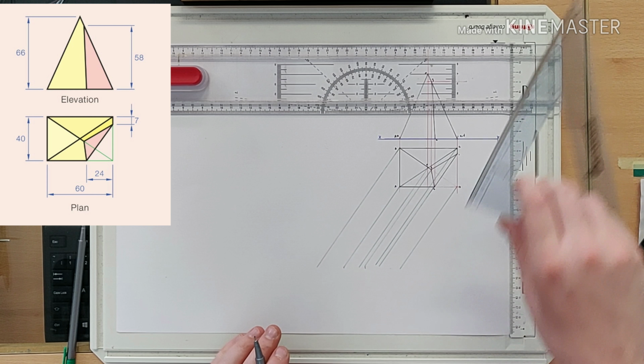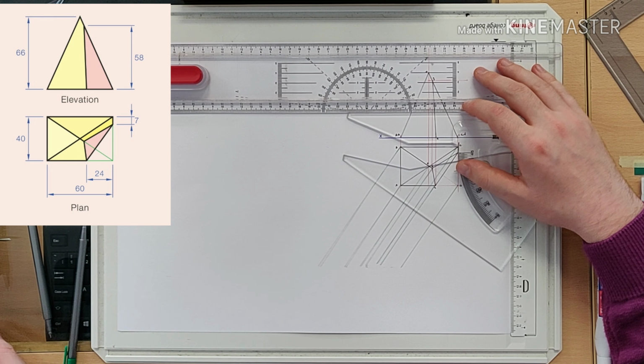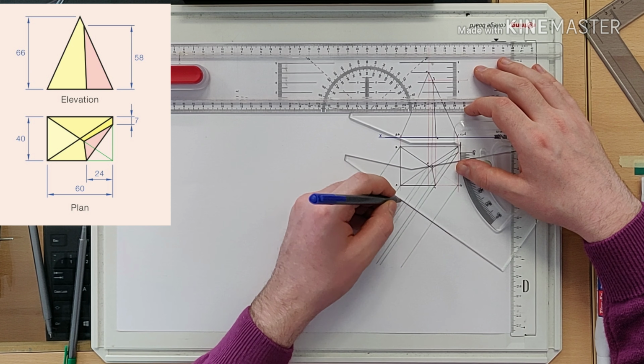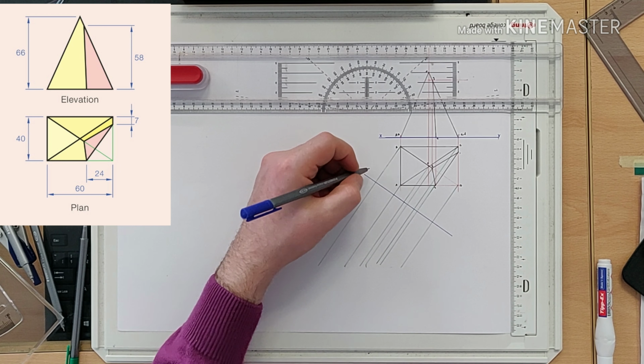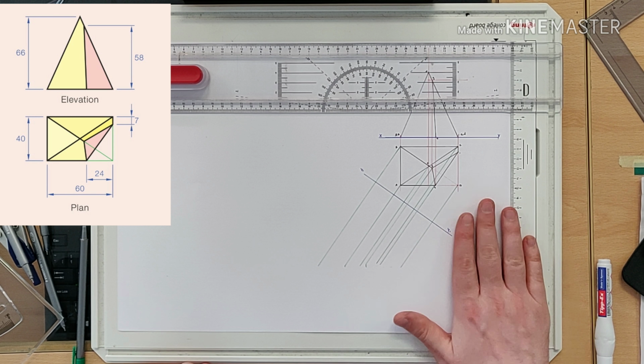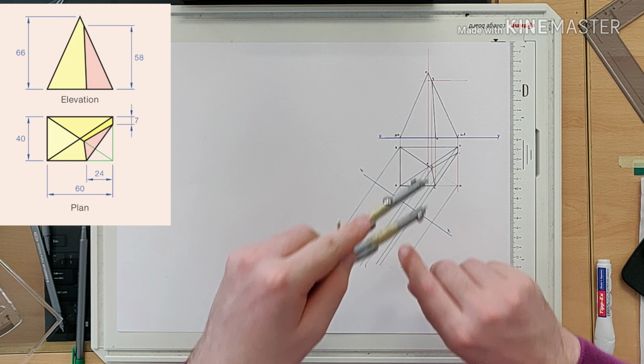Once I've projected all the lines parallel, I must then go perpendicular to create my new XY line. So X1, Y1. The distances for this auxiliary elevation are taken from our original elevation.